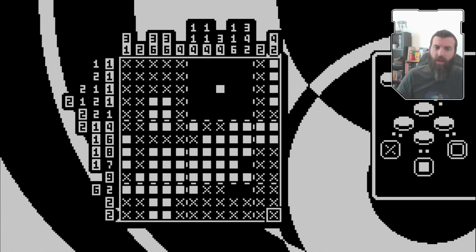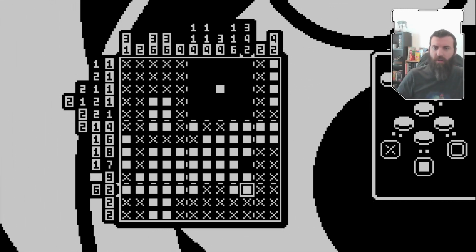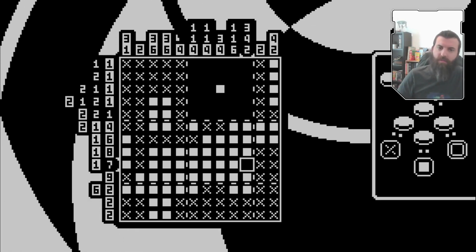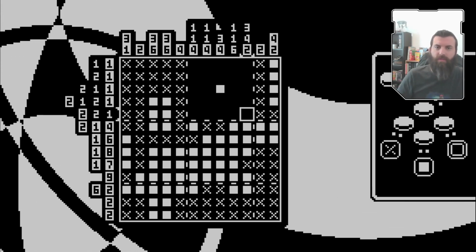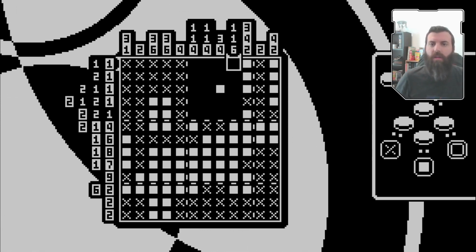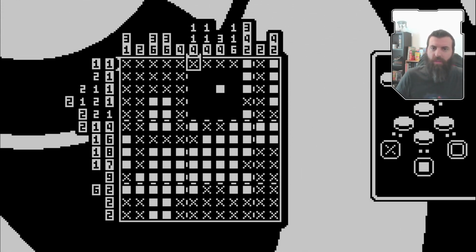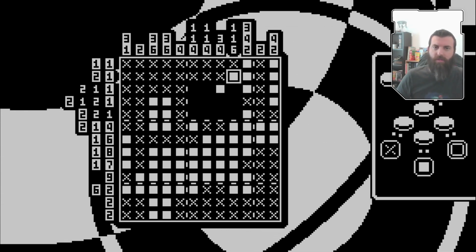Our vertical 4 has to go here. There are only 2 pixels left here for our horizontal 6, 2. This has to be X'd out for our vertical 3, 4, 2 for that. This row is nothing but 1, so that's X'd out. We've got a 2 on this row, so that can be closed.